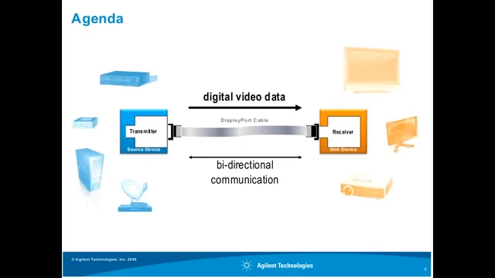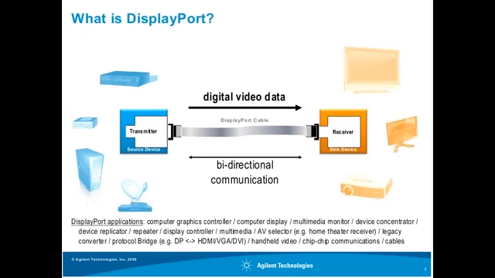Basically, DisplayPort is a digital video interface where digital data is streamed from a source device, which might be a computer, over a DisplayPort cable, certainly into a sync device, and that is most likely a monitor or projector. So the interface itself is mostly high-speed digital video lanes, and there's also bidirectional communication between the source and the sync device.